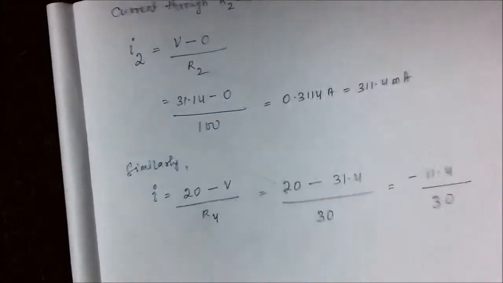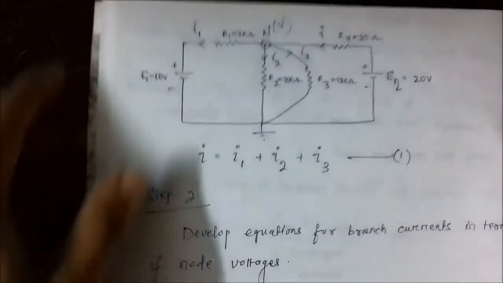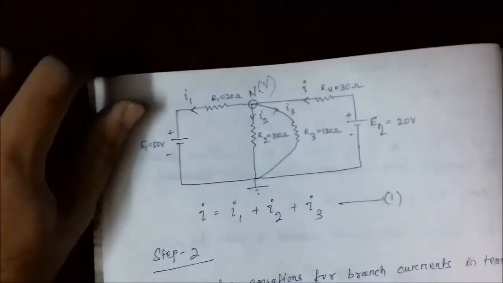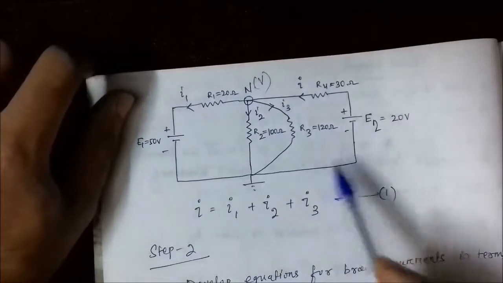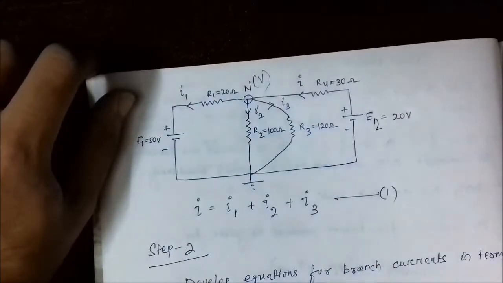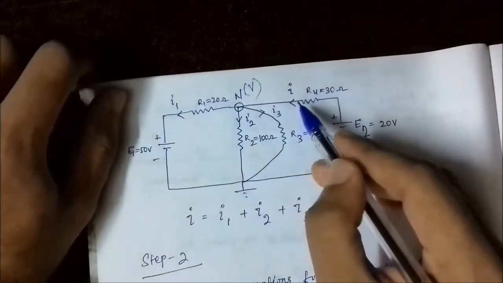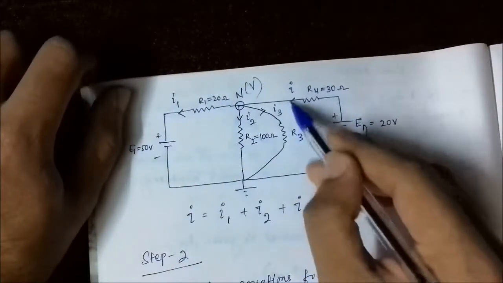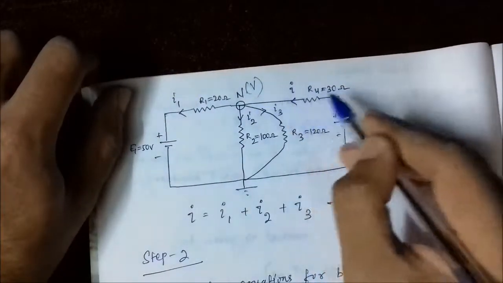Here we just assigned the directions of the currents arbitrarily. We just assumed them. So as the value of I came out negative, the actual direction of I is flowing this way, not this way.